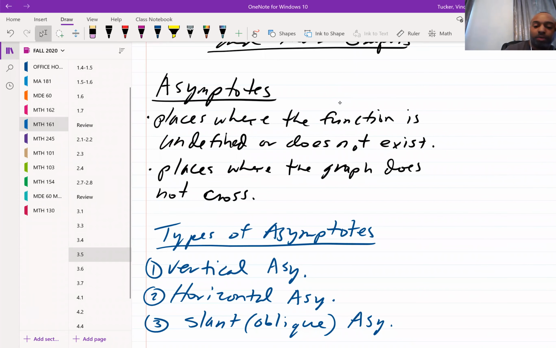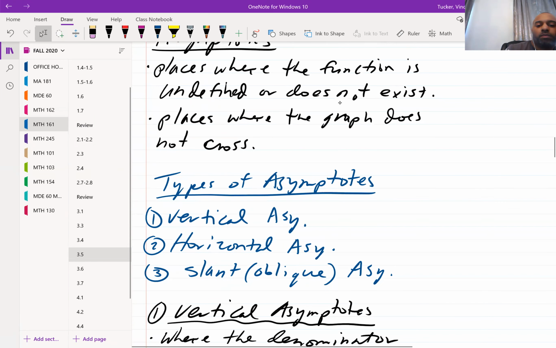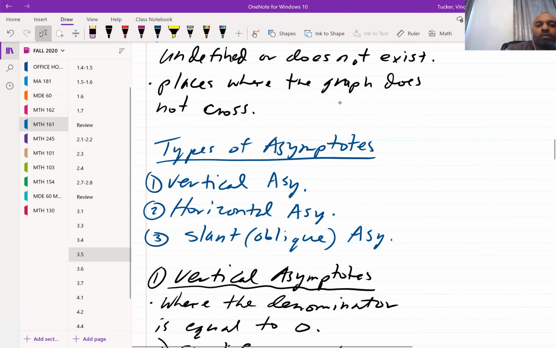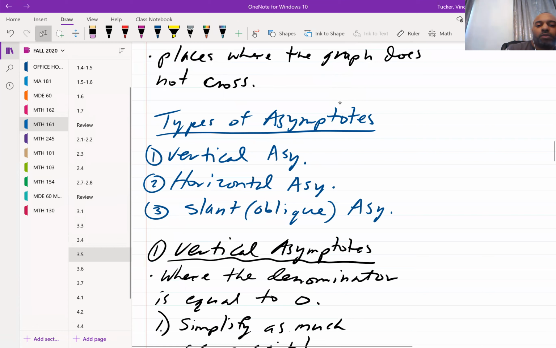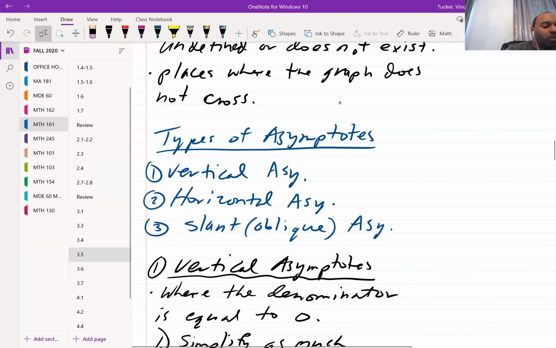Slant asymptotes are also called oblique. Everybody good? Don't want to go too fast.